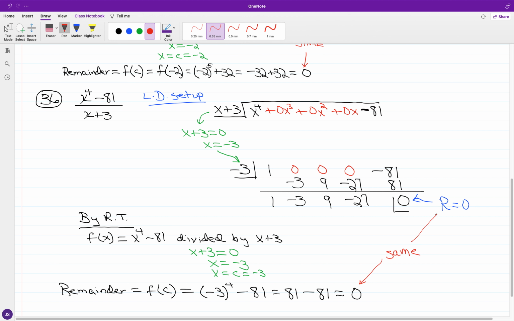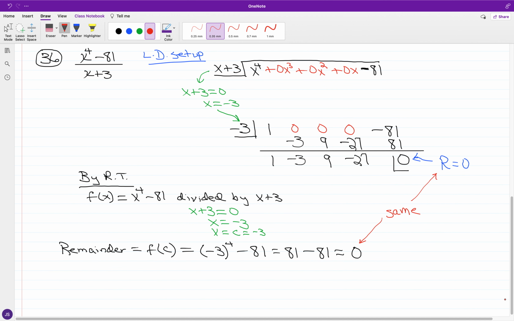In some cases, for numbers 35 and 36, it looks like the remainder theorem approach is a faster way to get to the remainder in comparison to polynomial division. One might wonder if that is always going to be the case, and I would say not necessarily. It depends upon the nature of the dividend.